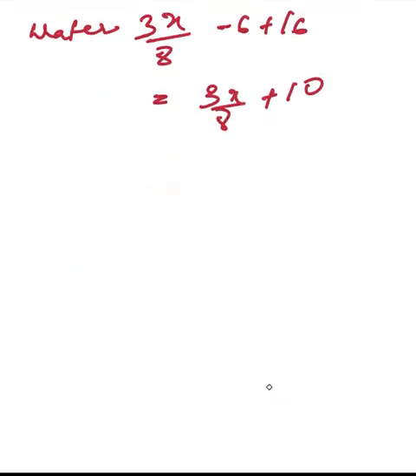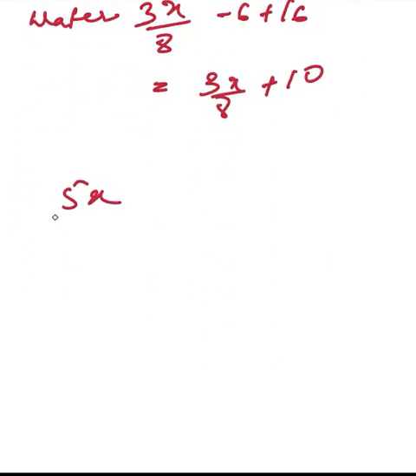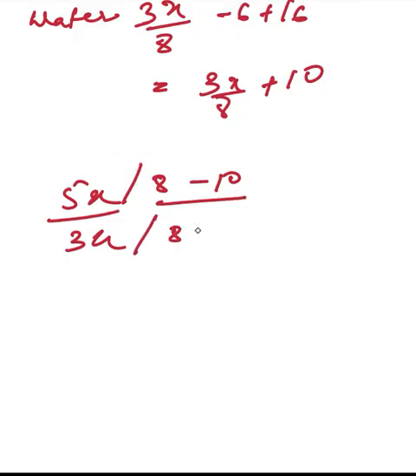Now the new ratio will be (5x/8 minus 10) over (3x/8 minus 6 plus 16), which is 3x/8 plus 10, and finally we can write it will be 6/5.